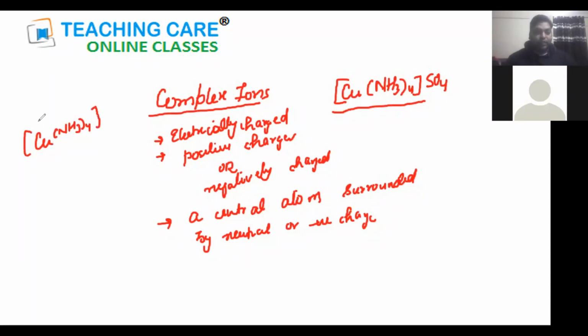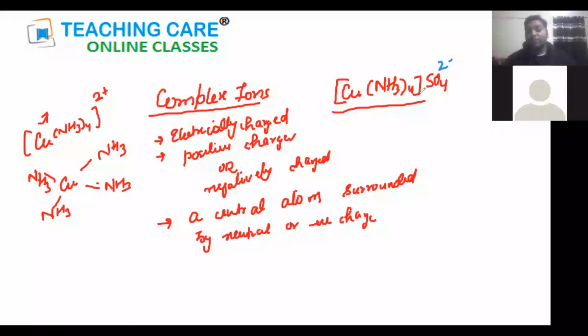In this, Cu is the central ion, and it is surrounded by 4 NH3 molecules, which are neutral in nature. This ion is positively charged, +2, because sulfate has a -2 charge and the whole coordination compound is neutral, so it must have a positive charge.